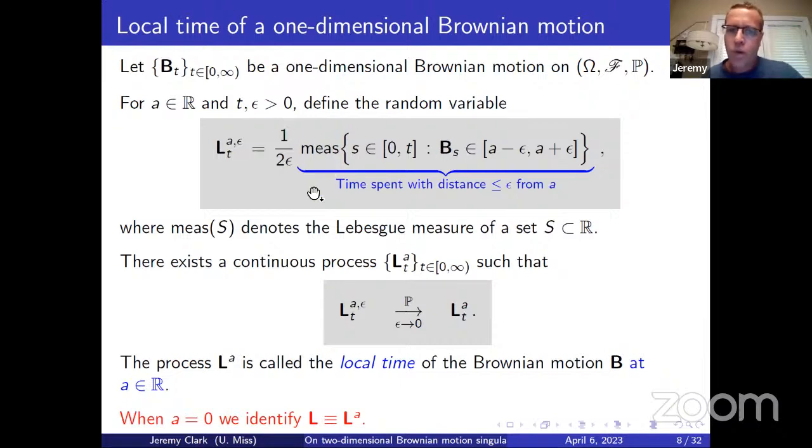Of course, what we want to do is take epsilon to 0 and ask if it converges to something. This measure is just Lebesgue measure, the amount of time.